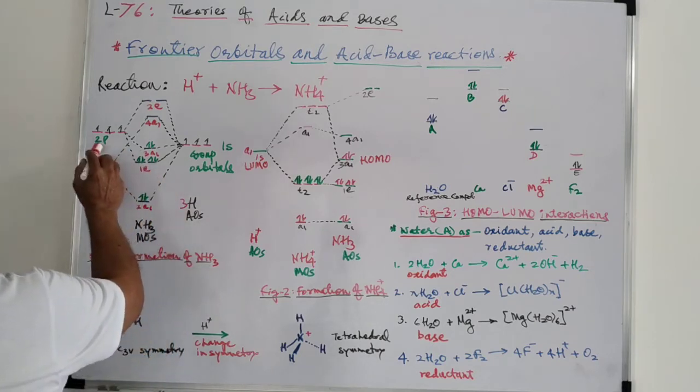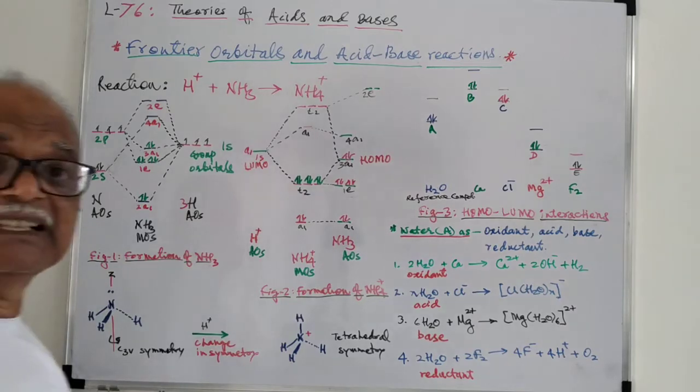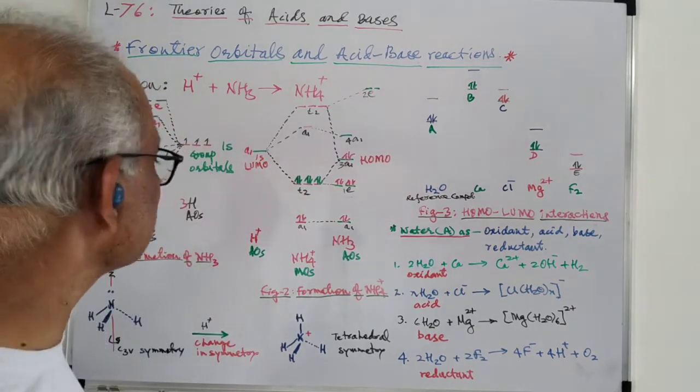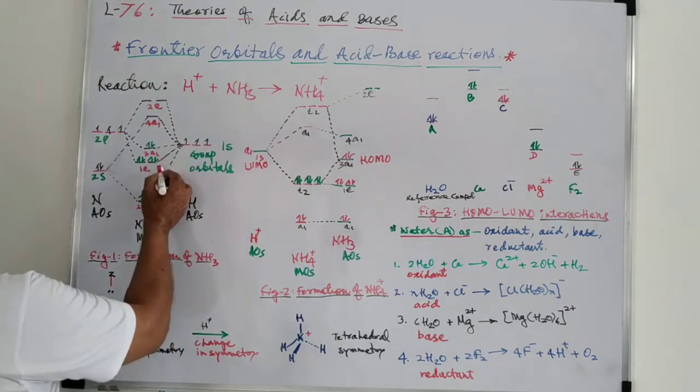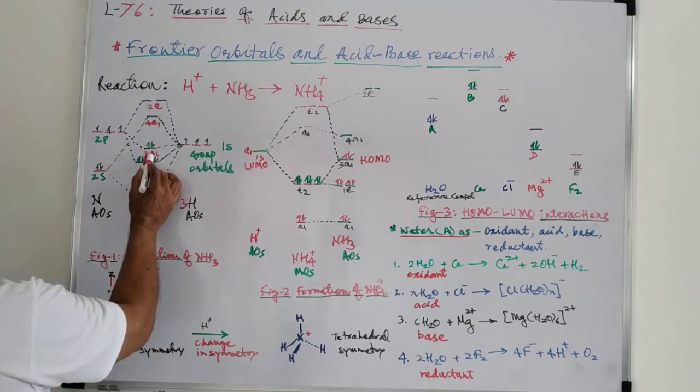Then there are p orbitals. There are 3 p orbitals, out of which one is the pz orbital and 2 are px and py. This pz orbital has sigma orientation, or A1 type of symmetry. So this is represented with 3A1.